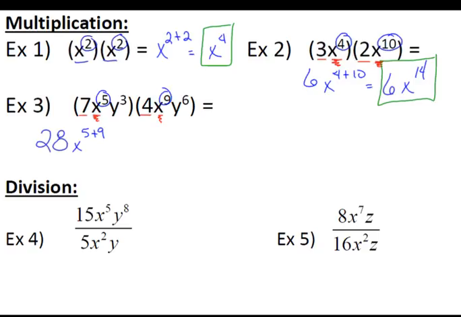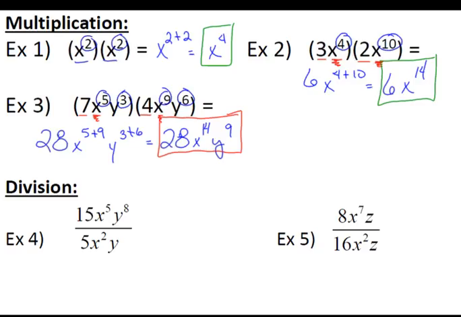I will then have y to the 3 plus 6. So my final answer will be 28 x to the 14th power, y to the 9th power. For multiplying, you add your exponents together.